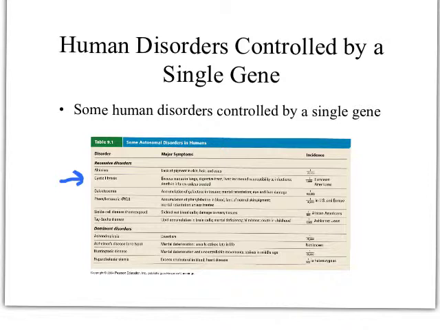It contains phenylalanine, which is an amino acid that people with this genetic disorder cannot break down in their body, so they have accumulation of it. And it can cause mental retardation and weird skin pigment and stuff like that. So we call that PKU, or phenylketonuria. Again, it's recessive.